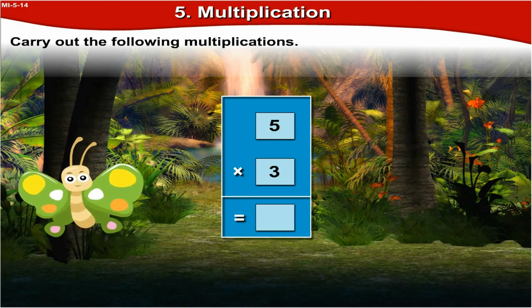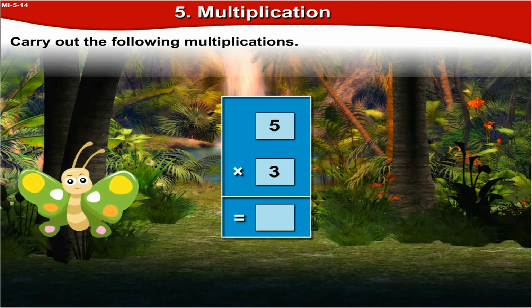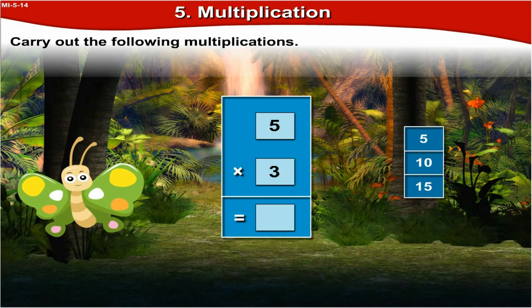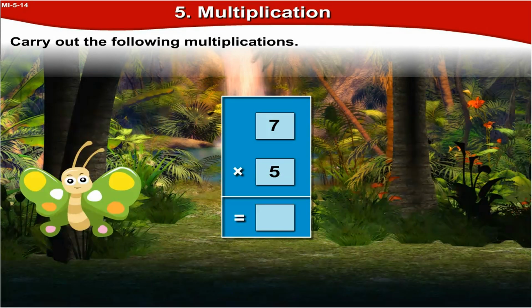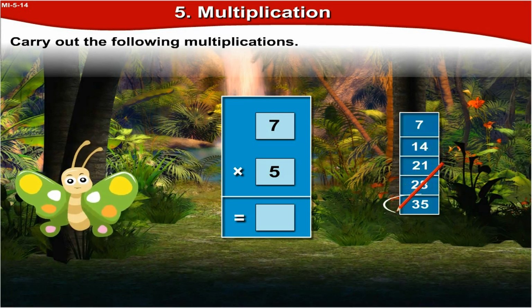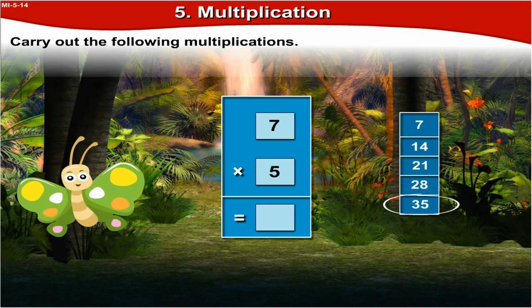Next is 5 multiplied by 3. 5 threes are 15. So 5 multiplied by 3 is 15. 7 multiplied by 5. 7 fives are 35. So 7 multiplied by 5 is 35.